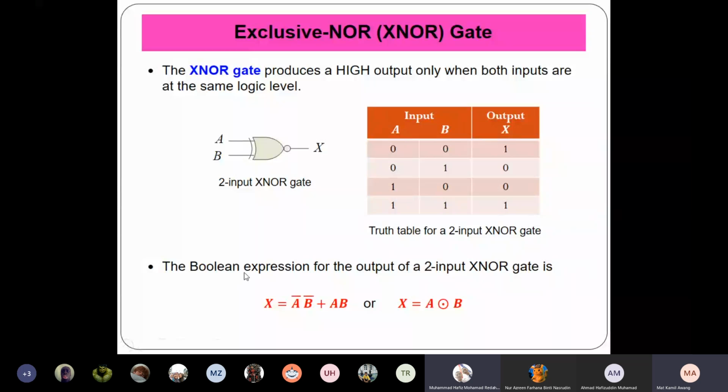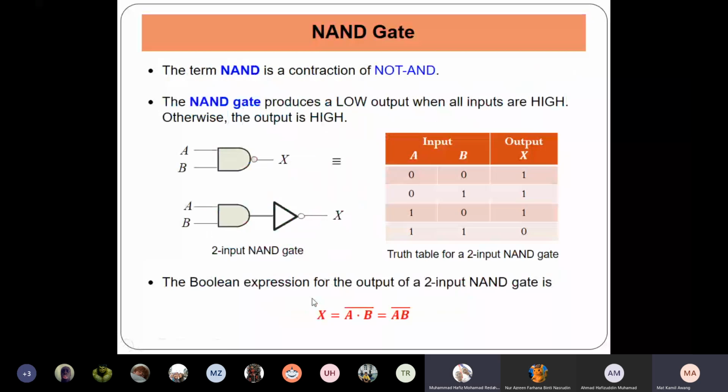A bar is different from A B bar. So here, you see, A bar B bar. If you compare with this one, it is different: A B bar. If this one, NAND gate, you do the AND first, then you NOT.